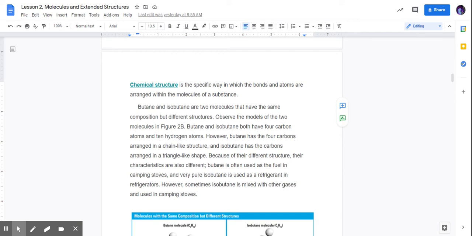Because of their different structure, their characteristics are also different. Butane is often used as a fuel in camping stoves, and very pure isobutane is used as a refrigerant in refrigerators. However, sometimes isobutane is mixed with other gases and used in camping stoves.